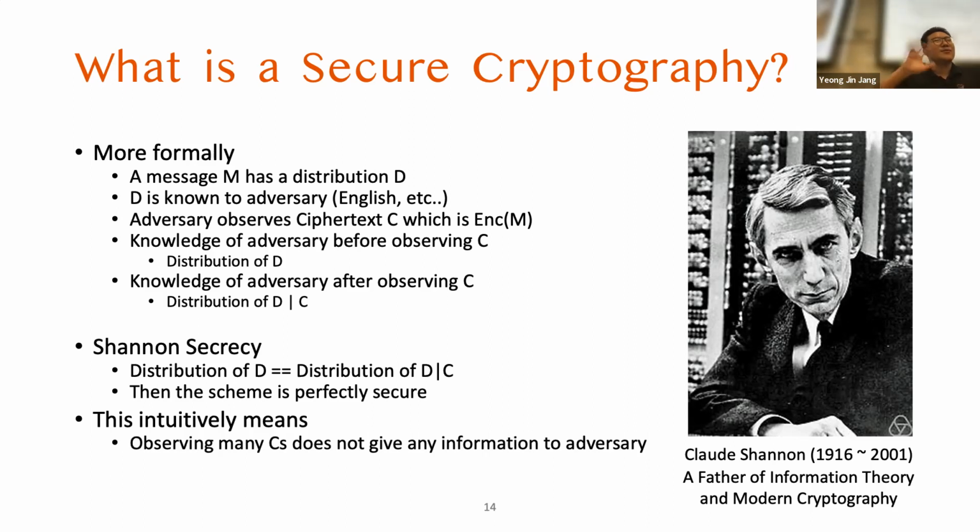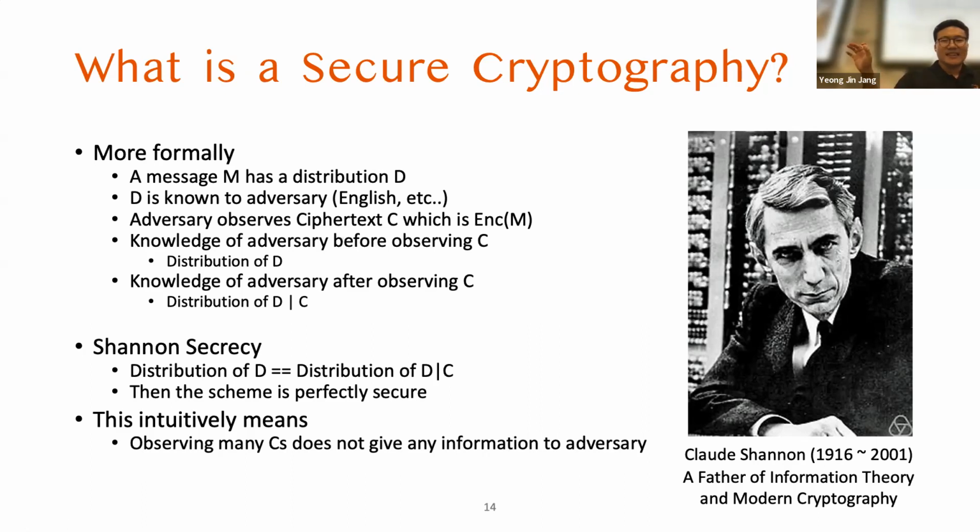So that means the distribution is easily known to the adversary. From the example of the internet, it is something like I broadcast to everybody, right? If I send an email message to Tom, then that will be broadcast to everybody. If you capture the packets on the Wi-Fi of OSU Secure or something, you can easily get all the packets. And from those packets, you can observe the ciphertext, the encrypted version of my message.